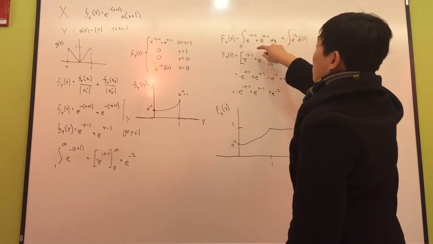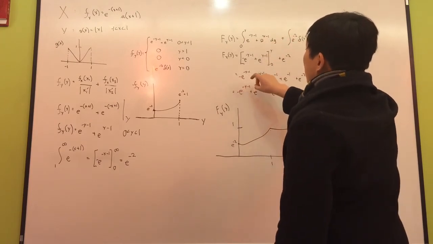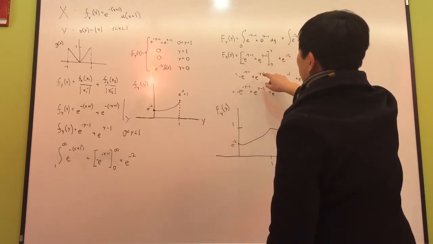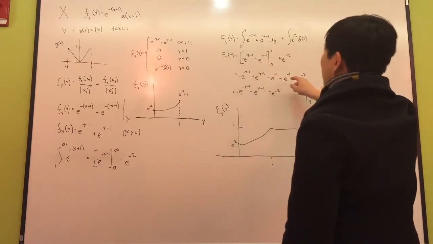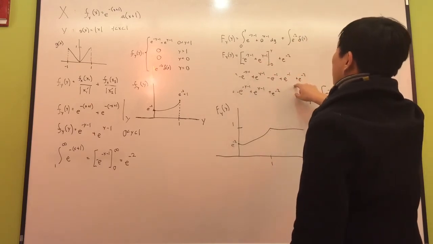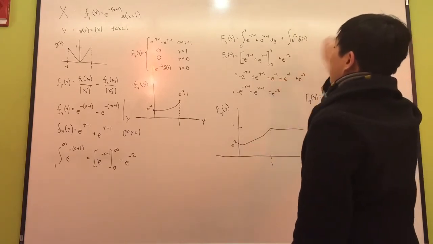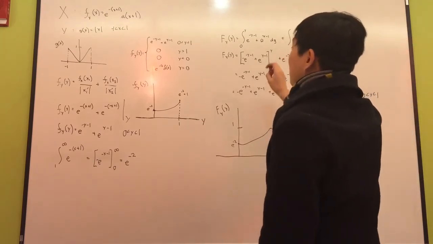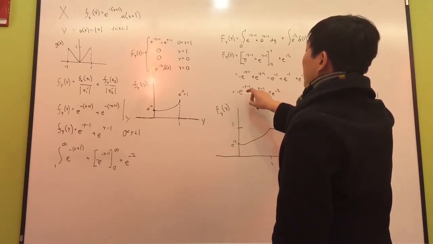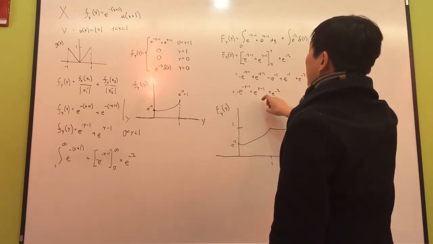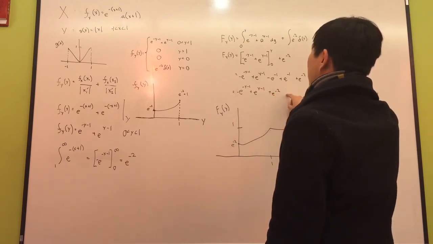After we do the integral of the first part, we get e to the negative y minus 1 plus e to the y minus 1, minus e to the negative 1 when you substitute in 0, plus e to the negative 1 when you substitute in 0, plus e to the negative 2. So the e to the negative 1 terms cancel out, and we finally get big F of y equal to negative e to the negative y minus 1 plus e to the y minus 1 plus e to the negative 2.